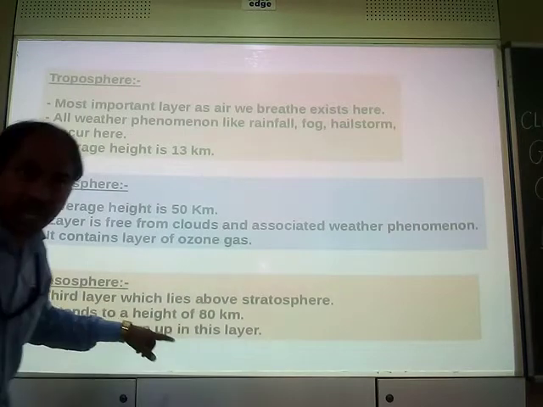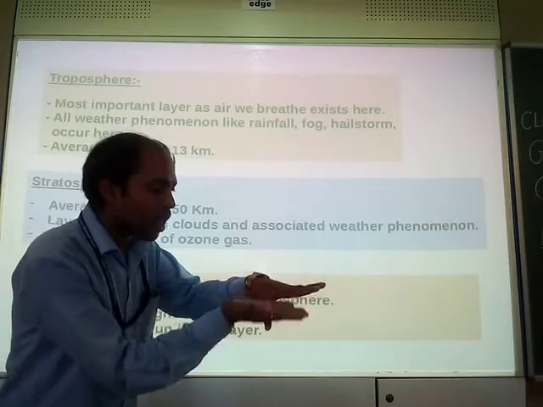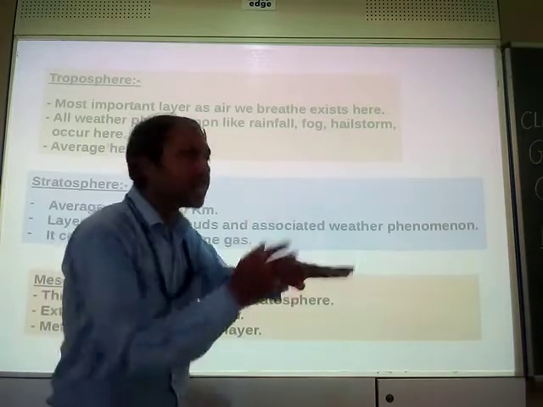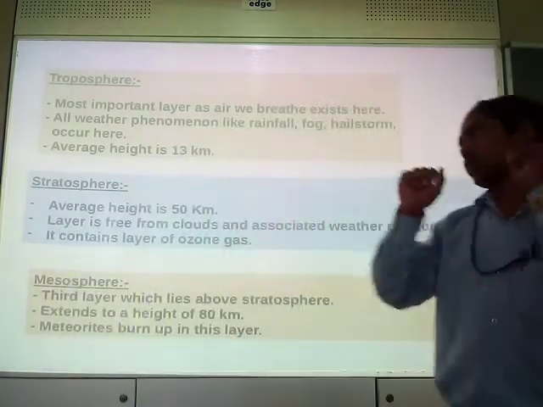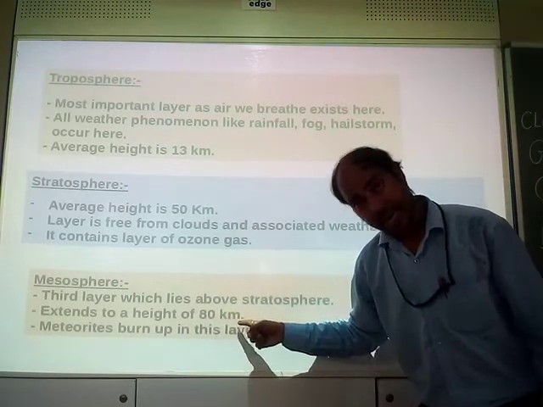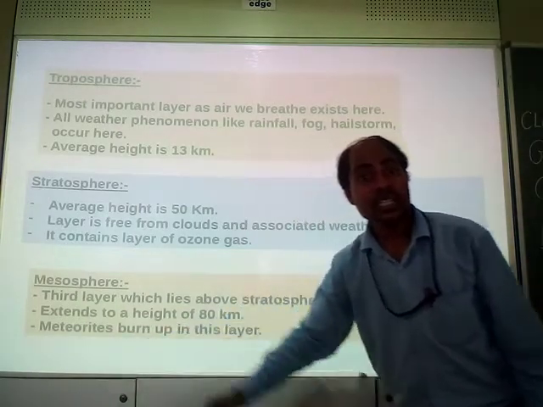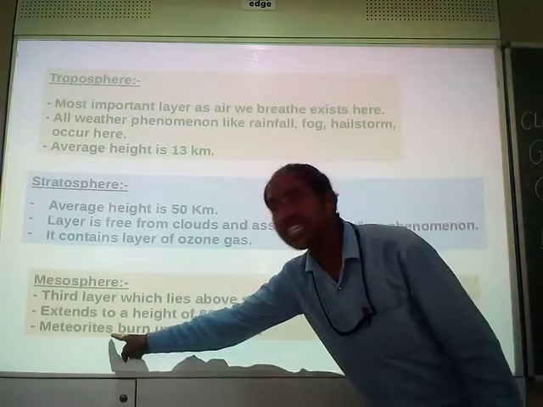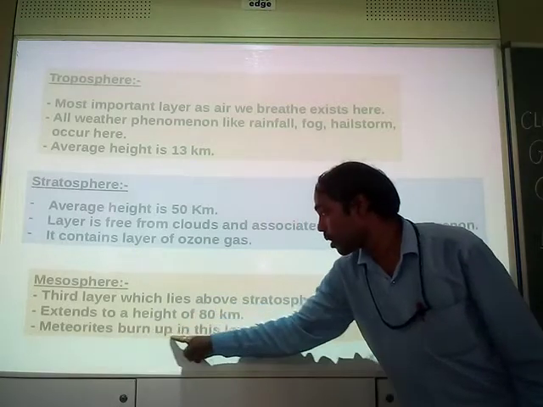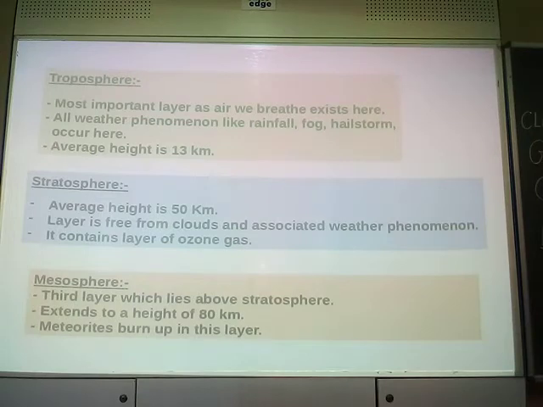Yes, so the third layer, or you can say the layer which lies above the stratosphere, is mesosphere. Okay, extends up to a height of 80 kilometer. And why is this layer important? Because meteorites burn up in this layer.